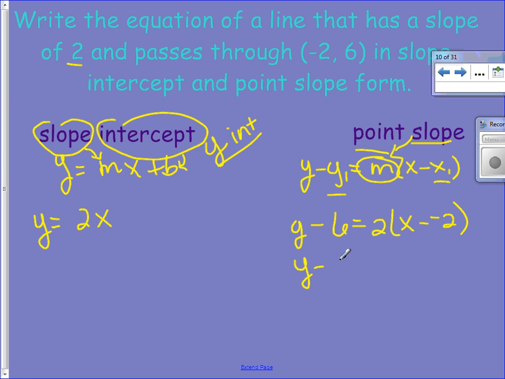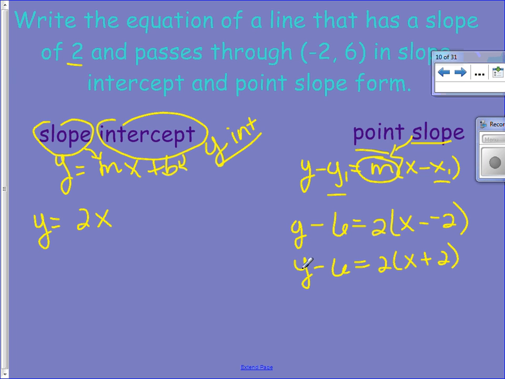I can simplify this inside my parentheses because I know 2 negatives make a positive. Okay, it's asking us to leave it in point slope form. So this is how I would leave it in point slope form. If you get a question on your test that says which one of these is in point slope form, for example, this is your answer.